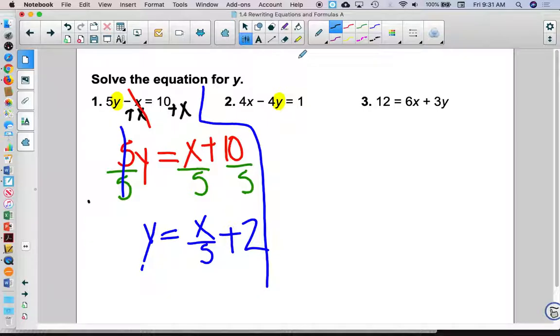Good, and then, good. When you divide, 4 divided by 4 is 1, isn't it? So should that be there? No, get rid of that. And then you have 1, 4 plus, you're fine. So, negative 4 divided by negative 4 is 1.